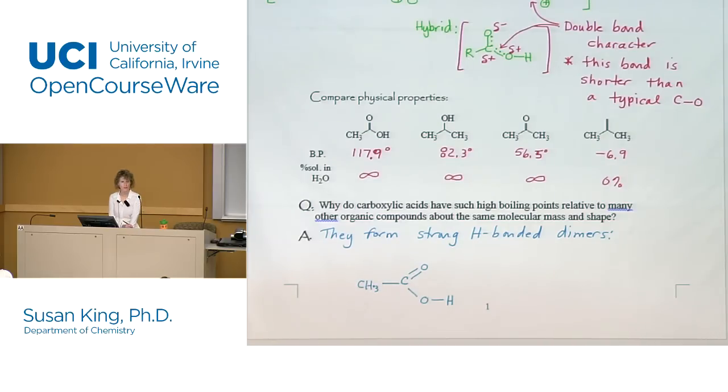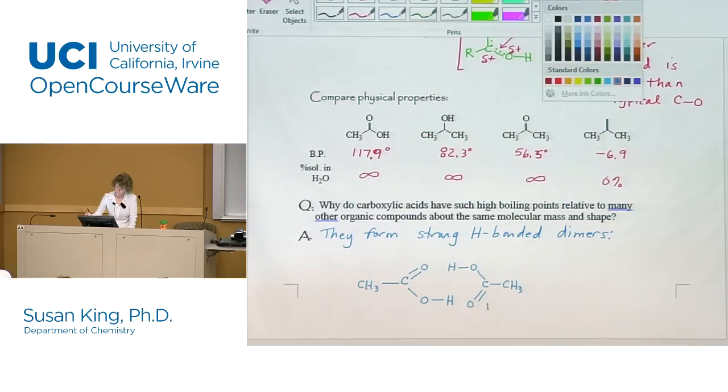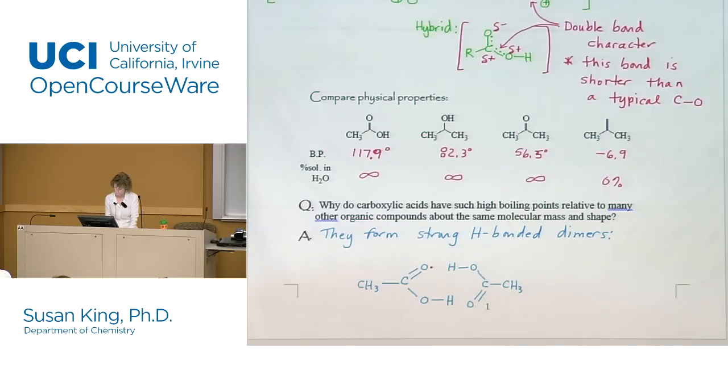So there's one, and the oxygen of the carbonyl is going to want to do a hydrogen bond with the hydrogen of the other carboxylic acid. There's one hydrogen bond, here's the other hydrogen bond. Okay, so there's a hydrogen bonded dimer. That's going to dramatically increase the boiling point.